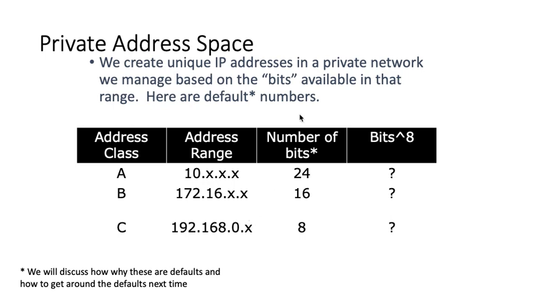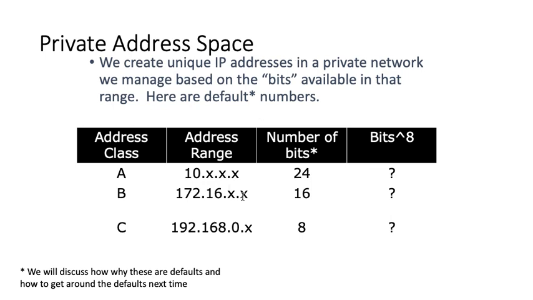There's another thing that's going to become useful in a minute here. There are bits associated with each of these positions. So there's 8 bits here, 8 bits here, and 8 bits here. So there are 24 bits that are assignable. If you take 2 to the power of 24, that's going to become very important to you.